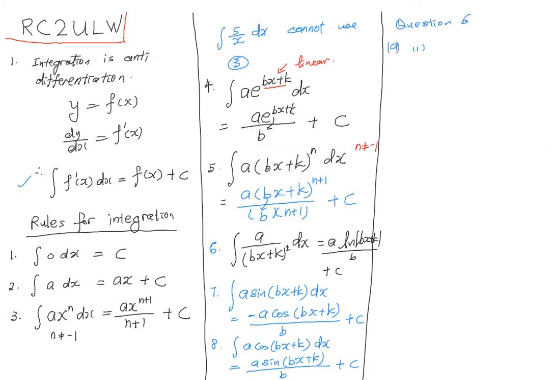The first part is they give you a function, and they ask you to find dy/dx. So how to find dy/dx for this one? Junjae, do you have any idea?